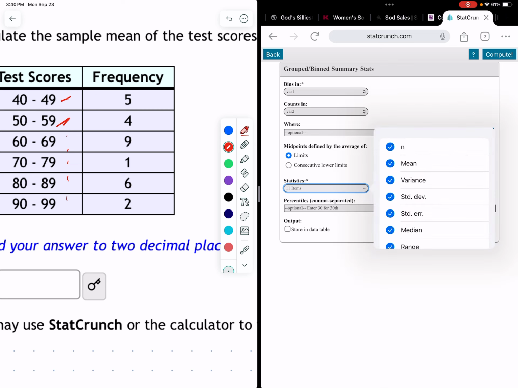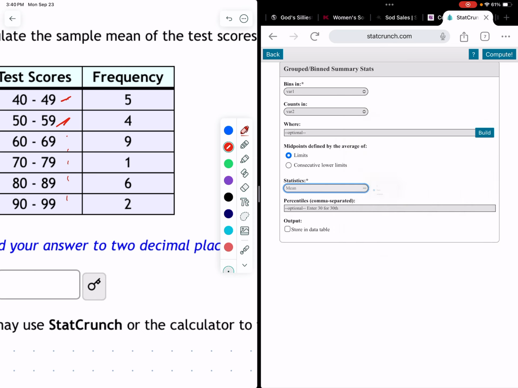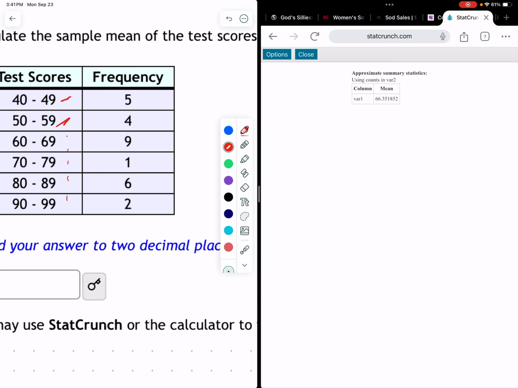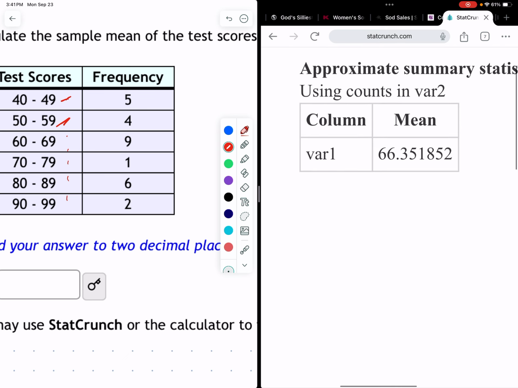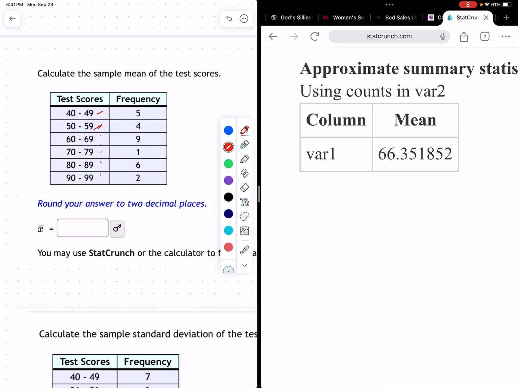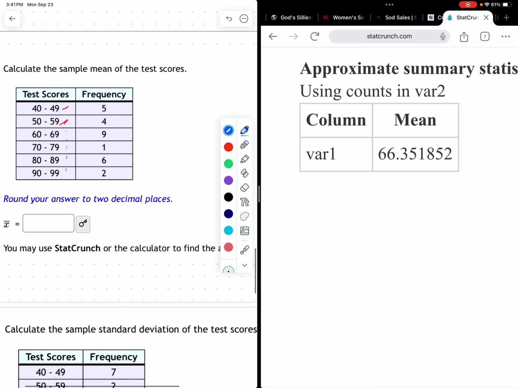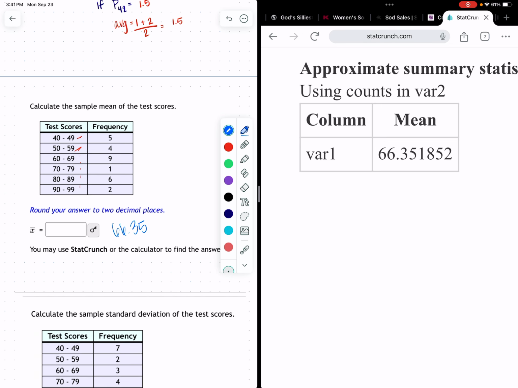All I want is the mean, so I'm going to uncheck all of these other things. And I'm going to click on compute. And it tells me that my mean is 66.35. We are rounding to 2 decimal places. So it'd be 66.35. So that's how you find the mean using StatCrunch.